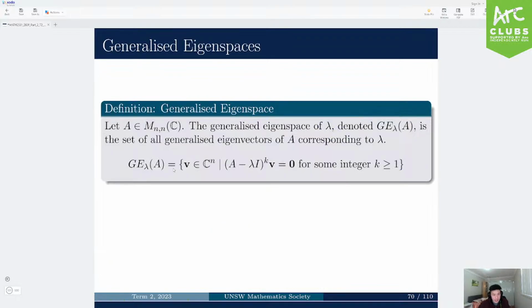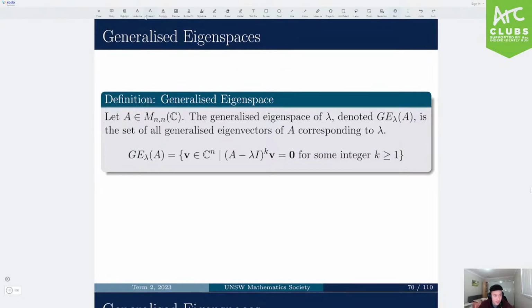And moving on to generalized eigenspace, this is very similar to the notion of eigenspaces that you guys have learned in chapter 6. A generalized eigenspace, denoted as GE lambda of A, is the set of all generalized eigenvectors of A corresponding to lambda.